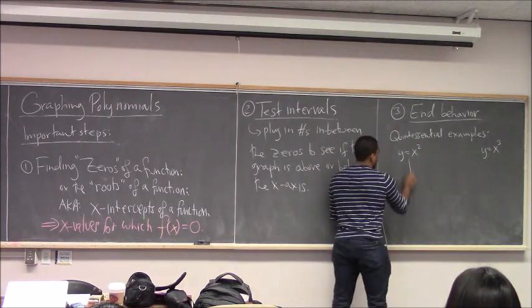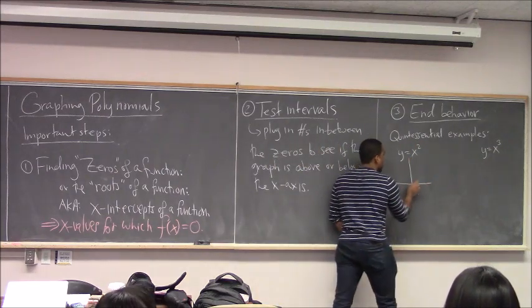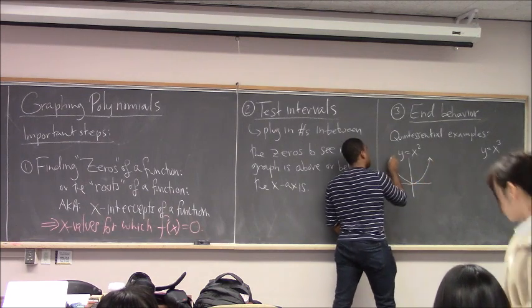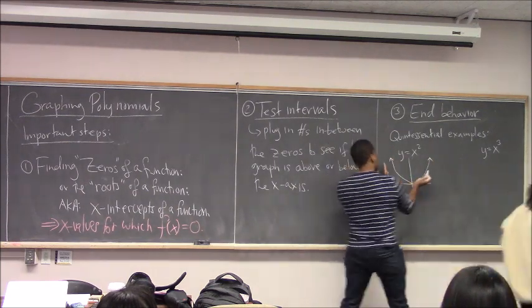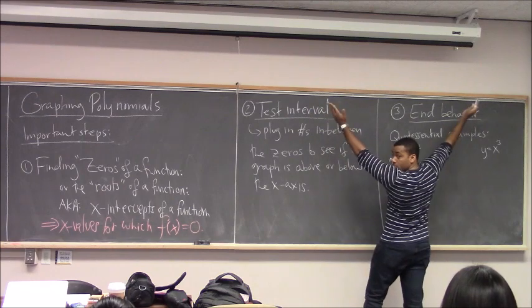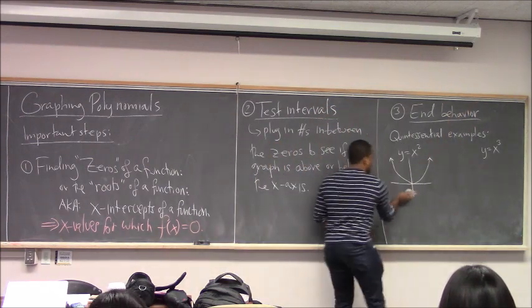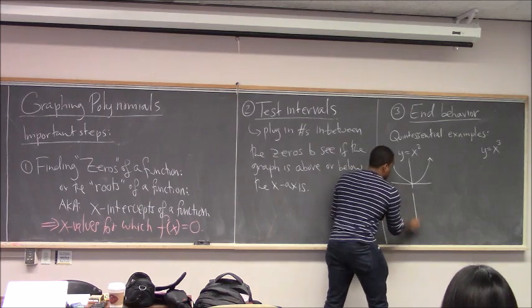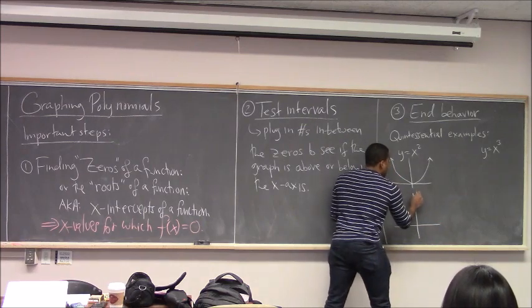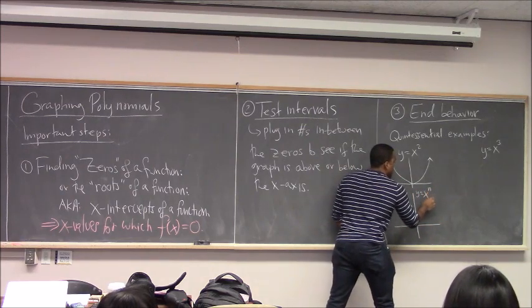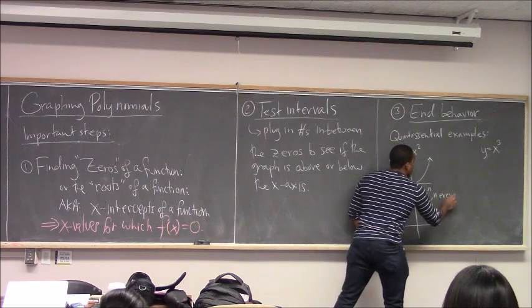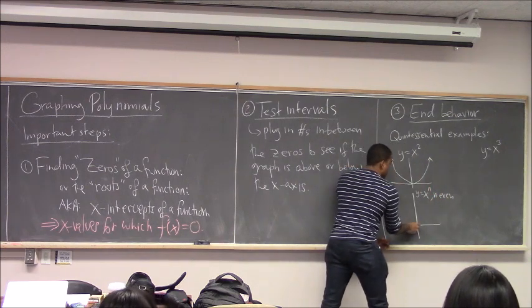Now, what do you notice about the ends of y equals x squared is that both the ends go up, right? And it turns out that in general, if you have the highest power of a polynomial, the x to the n where n is even like it is in x squared, the ends will go up.